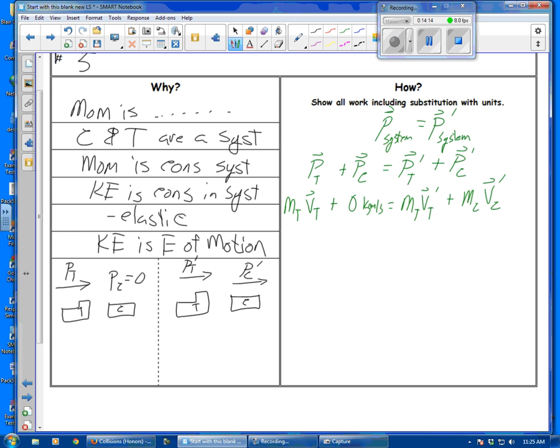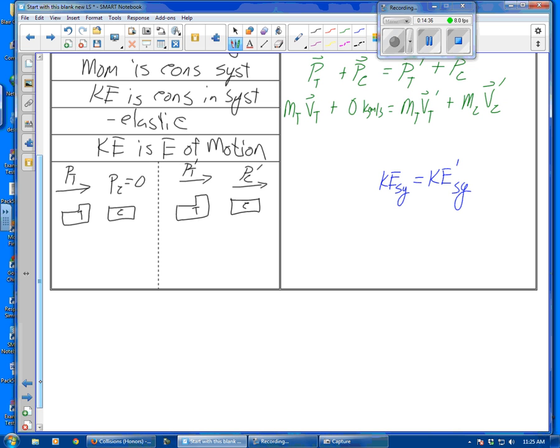I'm just going fast. There's a couple more problems people want to do. I go to my fact that the kinetic energy of the system is conserved. So it's the same before and after, just like my momentum. I'm going to have 2 terms before because I have 2 bodies and 2 terms afterwards.